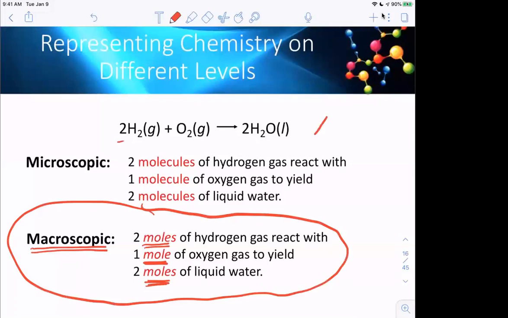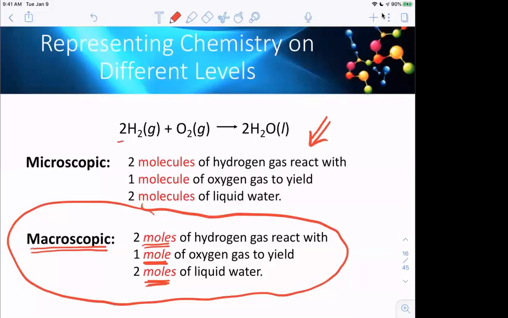But remember, this is how that reaction actually occurs. It's molecules that are reacting. It's molecules that are having their bonds broken, and new bonds are going to be formed to form new molecules.